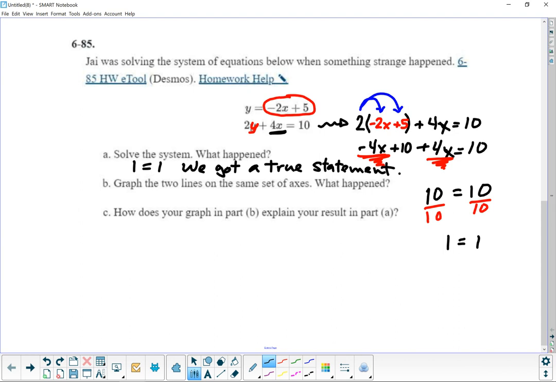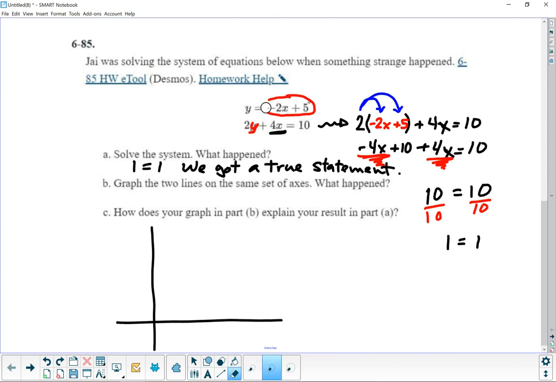Graph the two lines on the same set of axes. Okay, so you might need a little bit of space down here. I'm going to do an XY axis, just freehand it. First equation, I'm going to erase some of this up here, and put that in red. So this is y equals negative 2x plus 5. I need to go up to 5. Put a dot there.